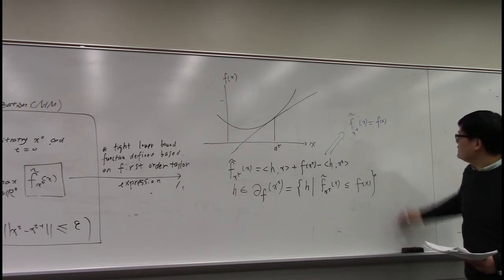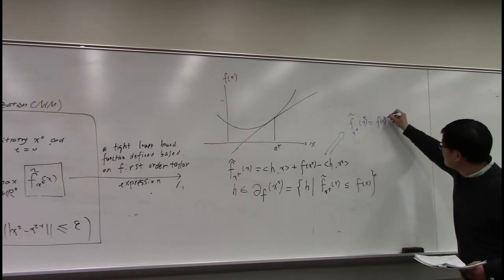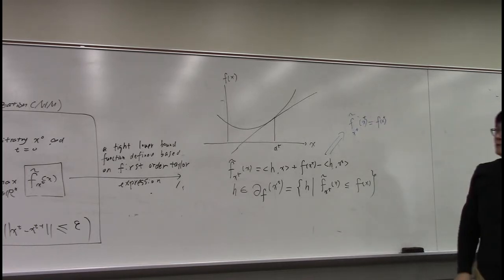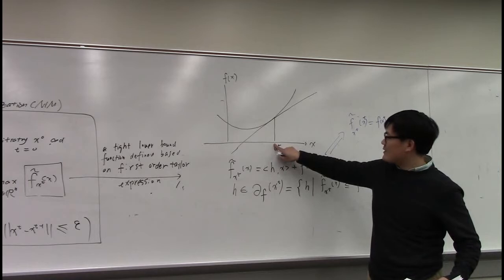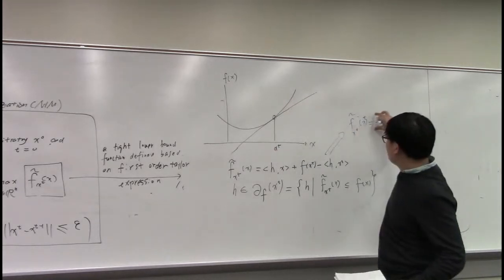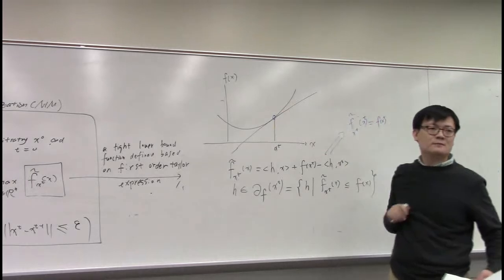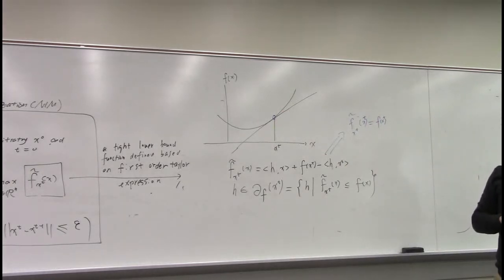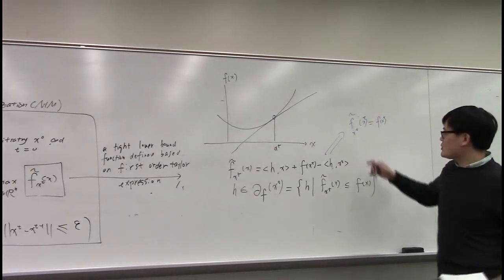If we plug in x_t, the two are identical. So if the solution is x_t, the two curves are identical. This represents the overlap point. You follow?